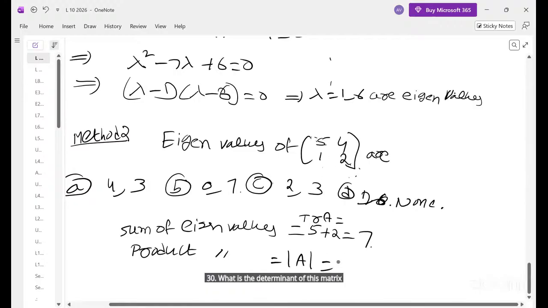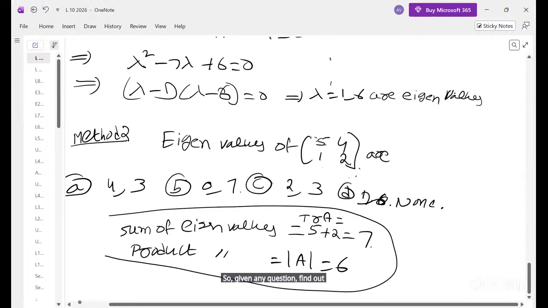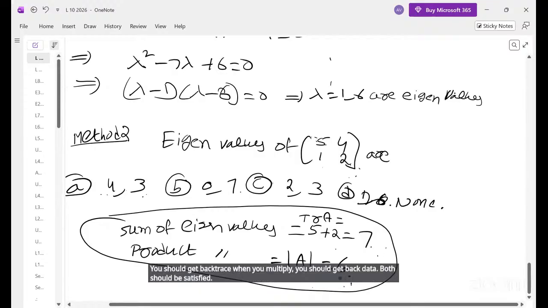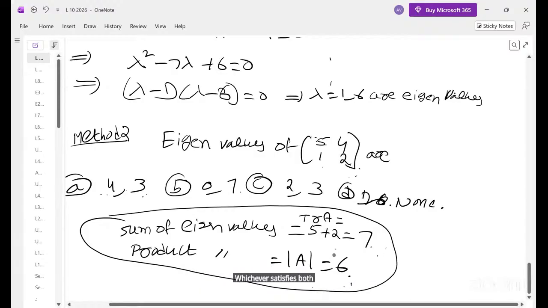AD minus BC, 10 minus 4, that is 6. So, given any question, find out these two. Then go to the options. If at all they are the eigenvalues, when you add, you should get back trace. When you multiply, you should get back det. Both should be satisfied. Whichever satisfies both, that is your answer.